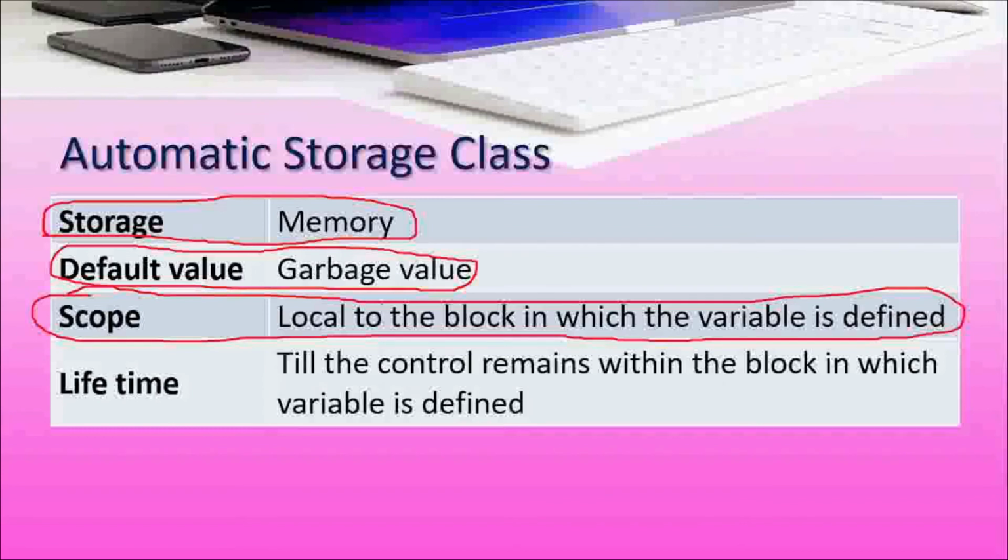So these are the four aspects of the automatic storage class. The storage is within memory, the default value is a garbage value, the scope is local to the block in which the variable is defined, and the lifetime is till the control remains within that block.